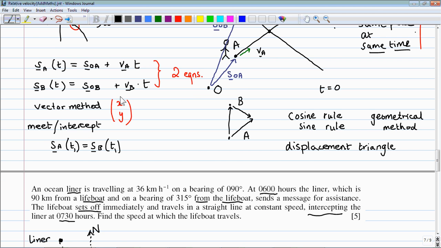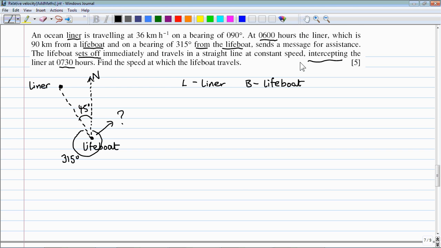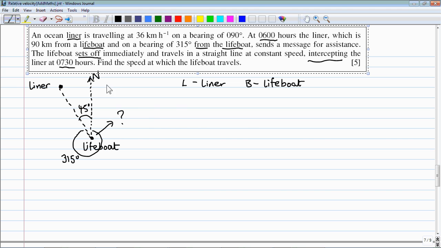I'm just going to use this method here. So first of all, I'm going to define two objects. I'm going to use L for liner, and I'm going to use B for lifeboat, because they're both L, which is annoying. And so let's make a quick list of what we already know.